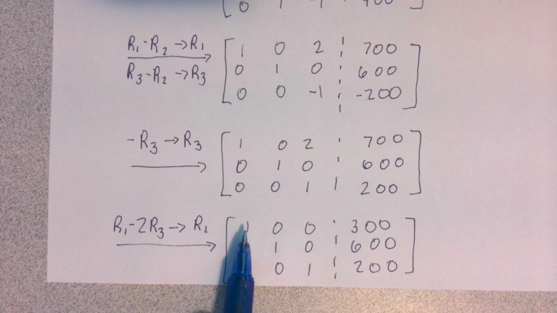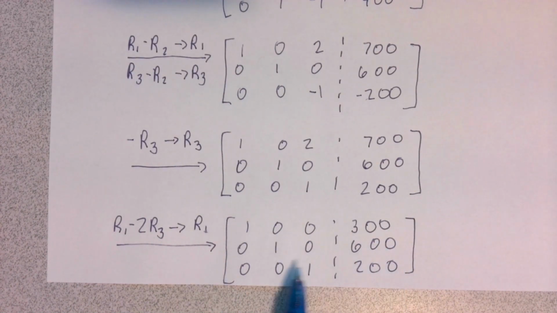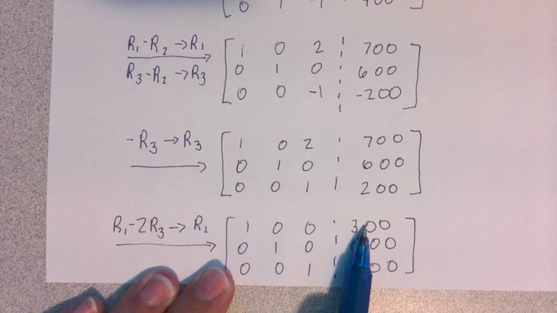So now this tells me my first variable is 300, my second variable is 600, and my third variable is 200. But now let's remember what that means. Since this is keeping track of the type 1 shed, this is saying we can make 300 sheds of type 1.